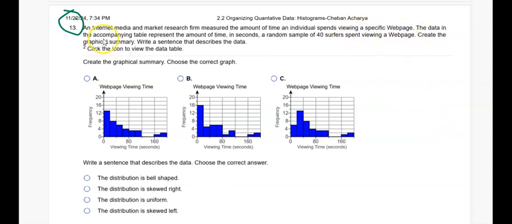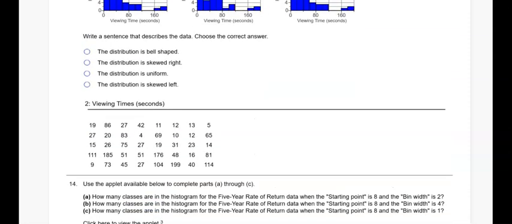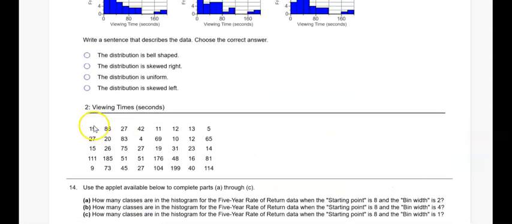The data in the accompanying table represent the amount of time in seconds. So this time is obviously continuous data. And here's the time here. Somebody spent 19 seconds, somebody spent 86 seconds, somebody spent 27 seconds. These are continuous data, because time is continuous data.